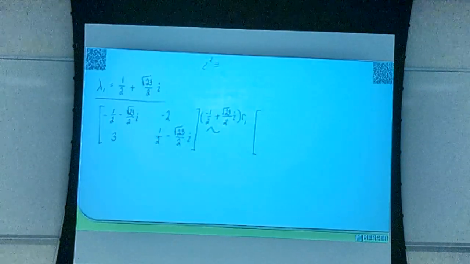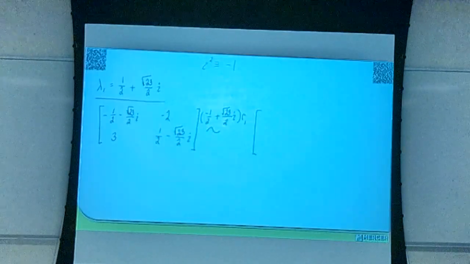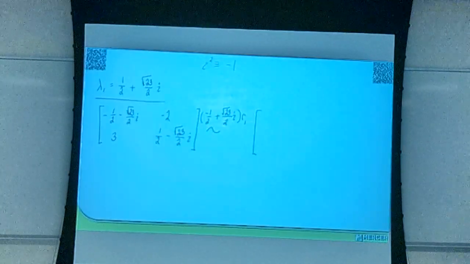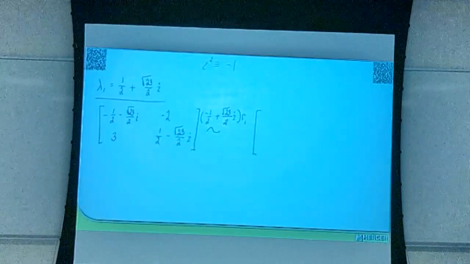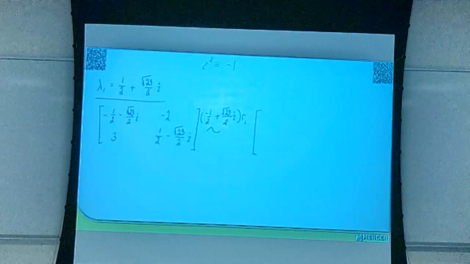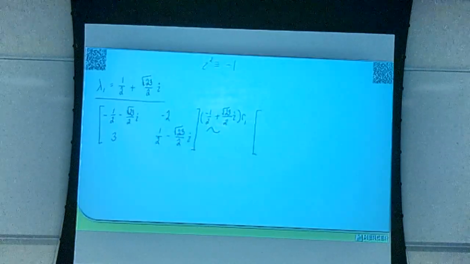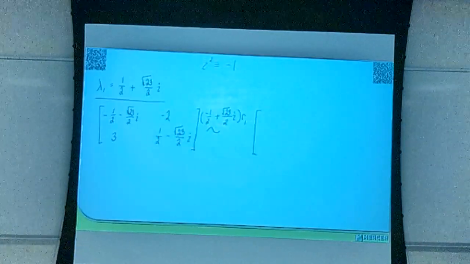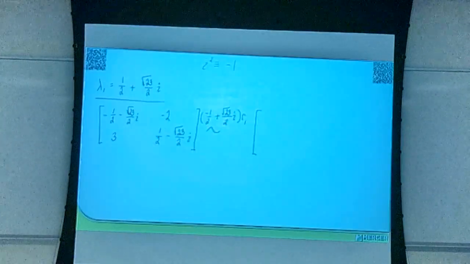It's -1. A quarter minus 23 over 4. Negative 22 over 4. Which is negative 11 halves.